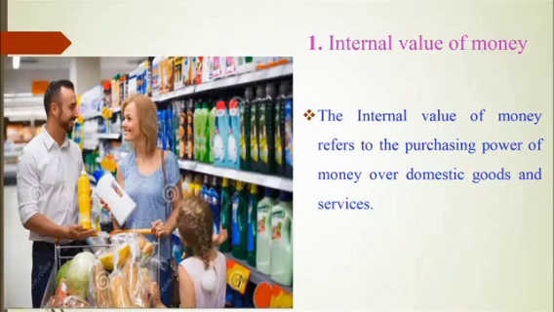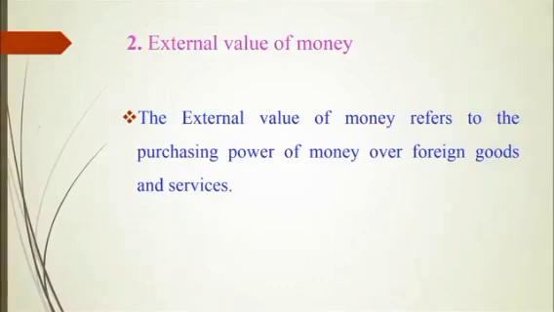So here, internal means purchasing within the country. The external value of money refers to the purchasing power of money over foreign goods and services. So here, external means outside the country. In other words, purchasing foreign goods.